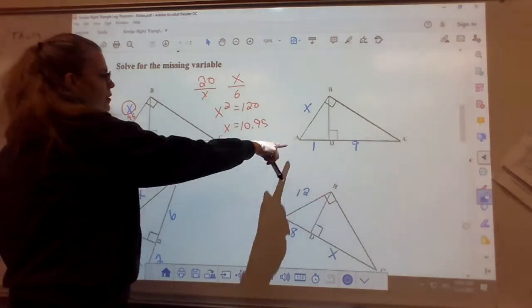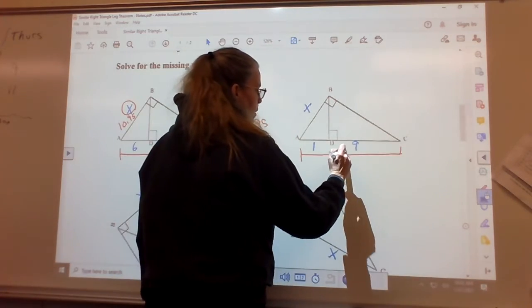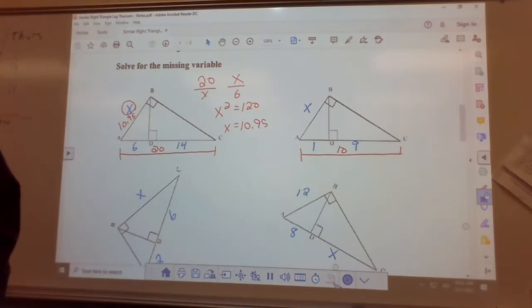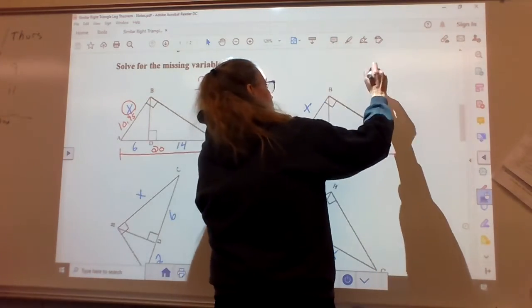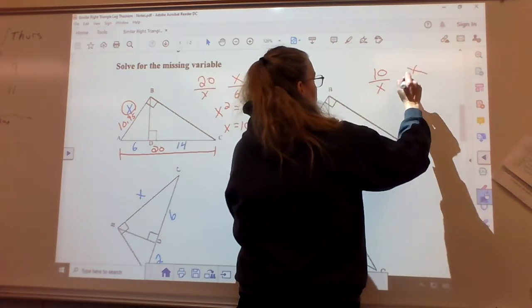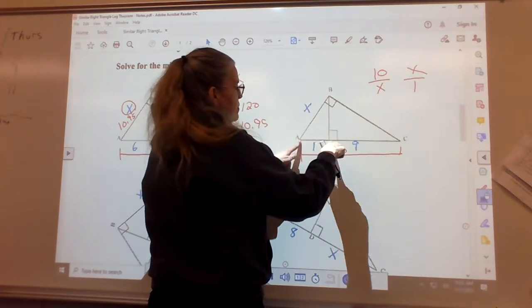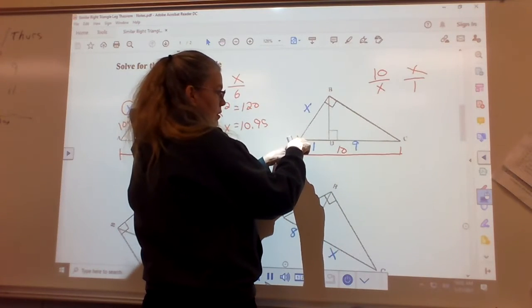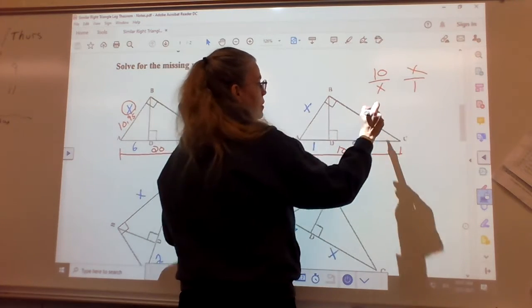This one, nearly the same thing. Find the entire bottom. It's 10. So I'm going to take the bottom over the X. So 10 over X, and then X over 1. That's my setup, because it's the hypotenuse of the big one, the hypotenuse of the left one, the leg of the big one, the leg of the little one.